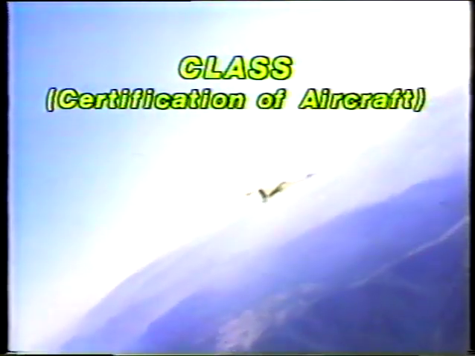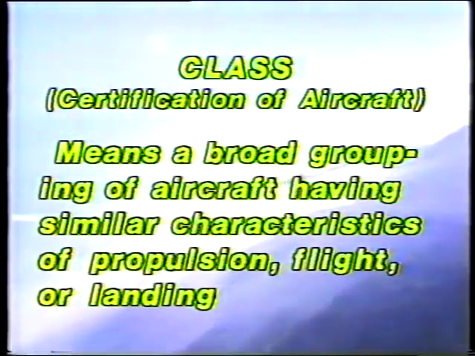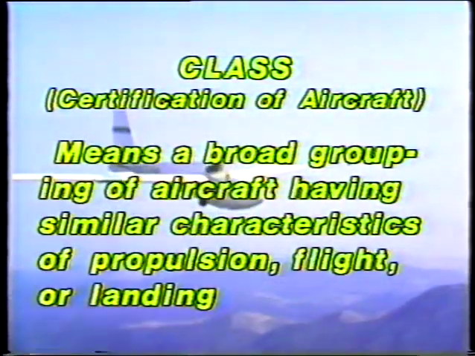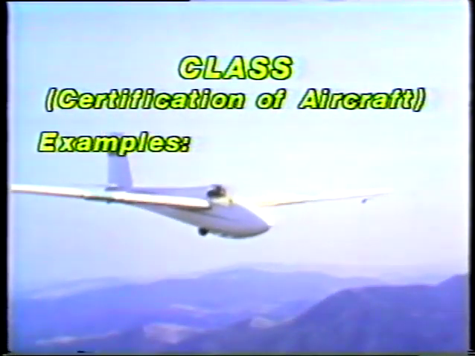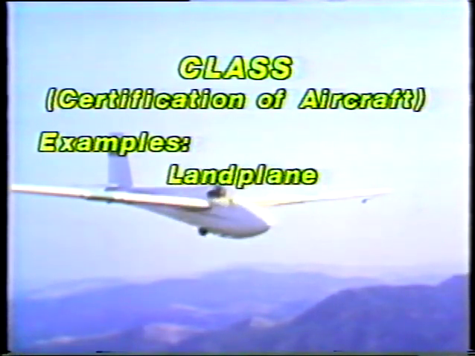When used with respect to certification of aircraft, class means a broad grouping of aircraft having similar characteristics of propulsion, flight, or landing. Examples include airplane, rotorcraft, glider, balloon, landplane, and seaplane.